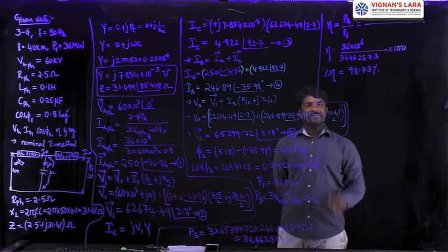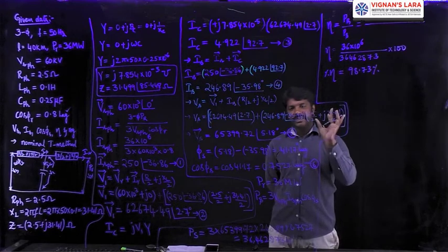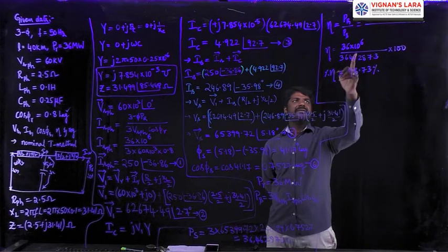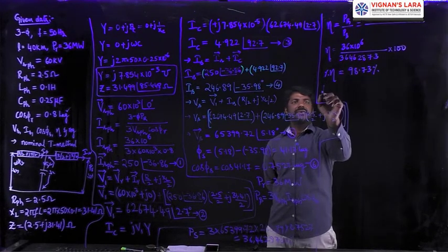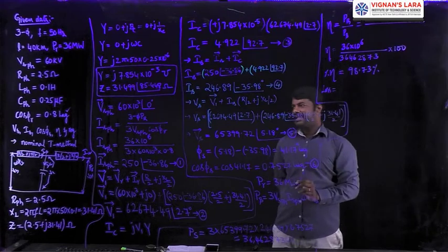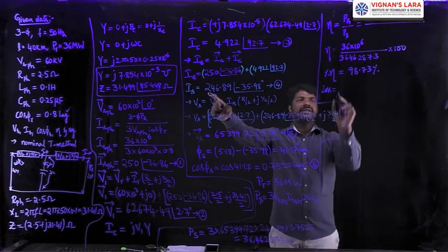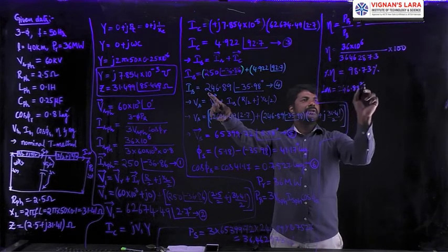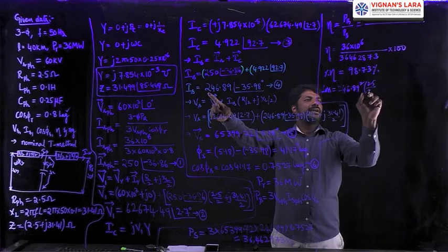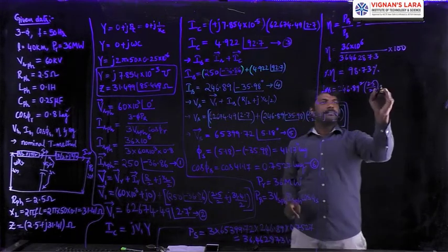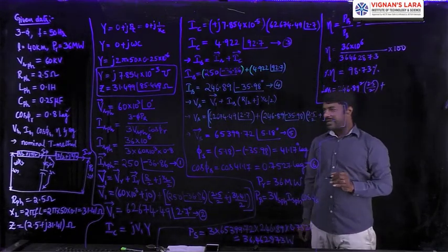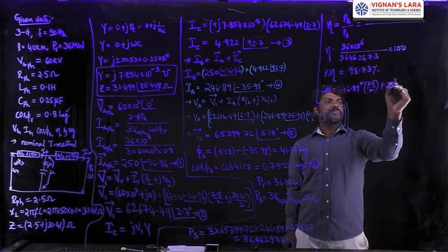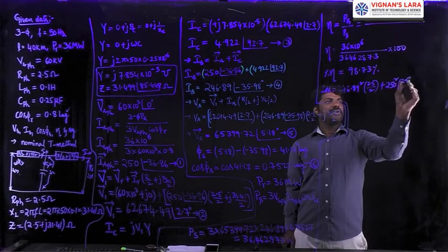The same thing you can analyze by observing the losses also. How to get the losses? Efficiency is PR divided by PR plus loss. For the loss term, I will write Is square, 246.89 square, times 2.5 by 2, that is R by 2, plus IR square. IR value is 250 amperes, 250 square into again 2.5 by 2.